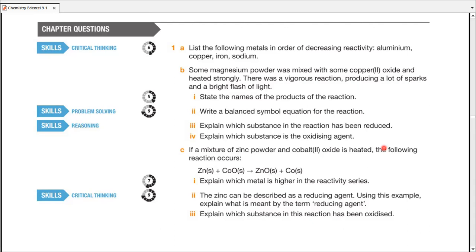You already solved it for oxidation and reduction. You have done parts two and three along with it, not four. So we have magnesium and copper oxide, and then we get copper and magnesium oxide. Perfect.